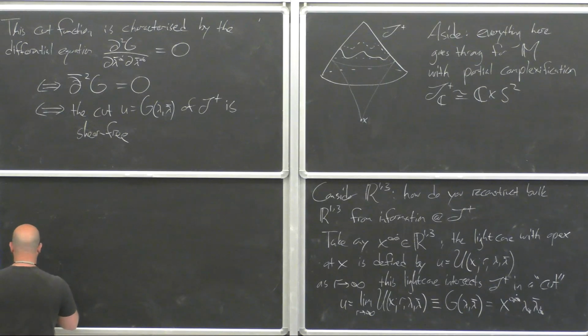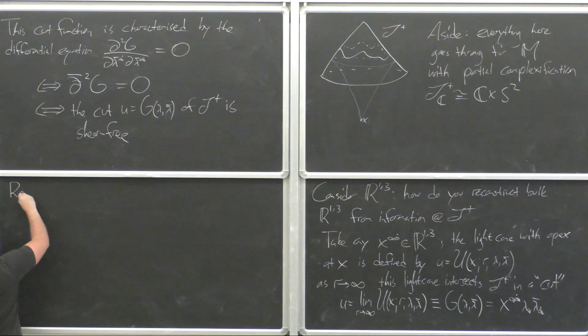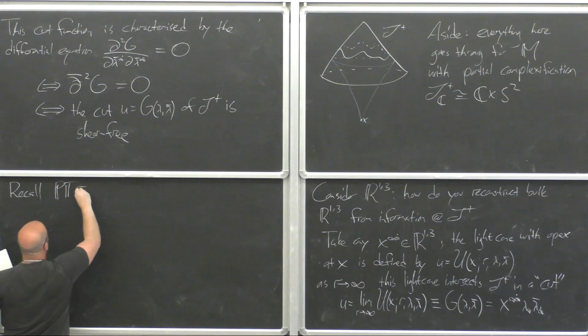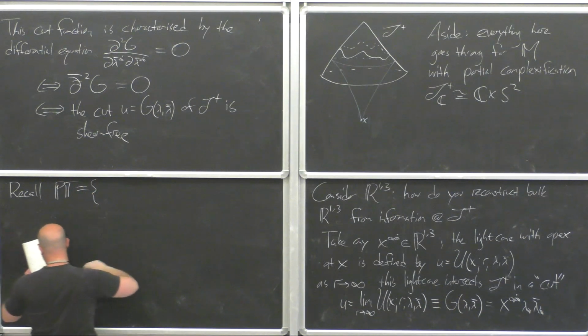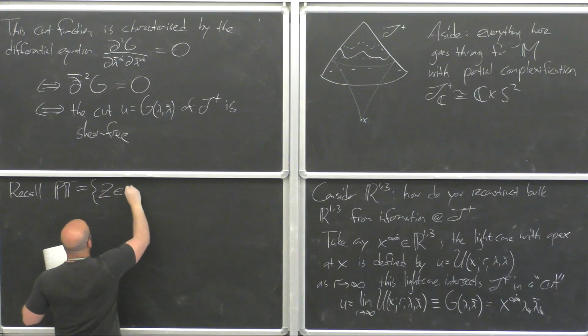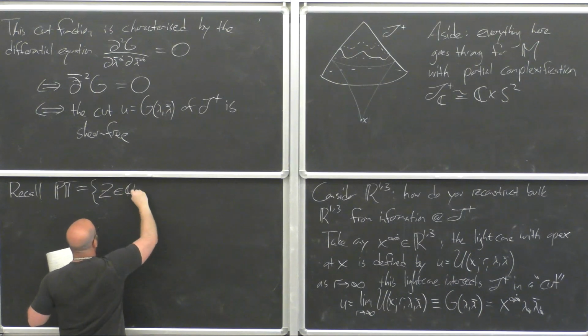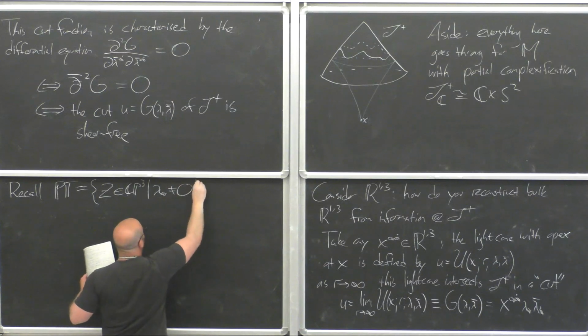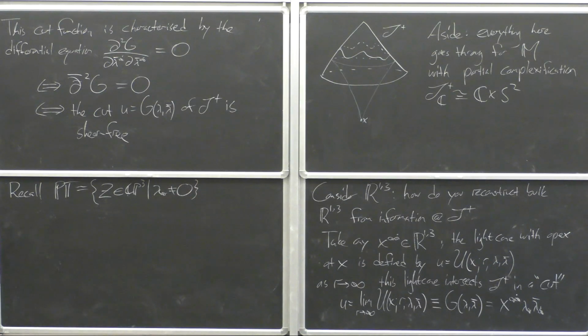Okay, so recall that our definition of the twistor space of complexified Minkowski space was all the Z's in CP3 such that the lambda alphas were not simultaneously zero.